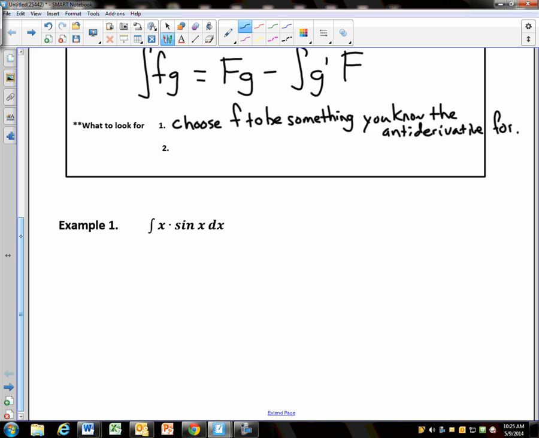So it's very important that whatever you choose F to be, that's going to be the one that you can take the antiderivative of. Second of all, choose G to be something you know the derivative of.